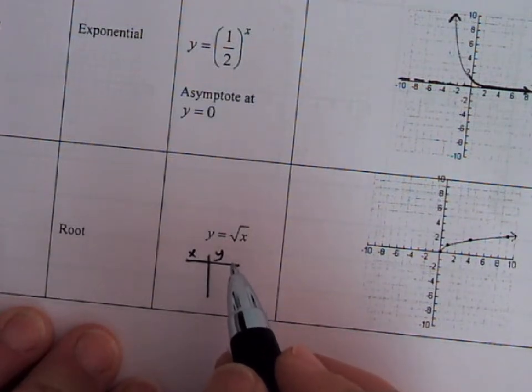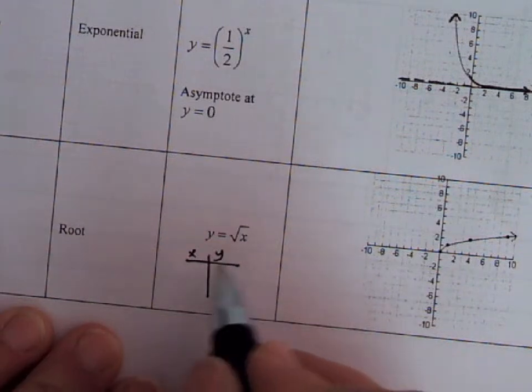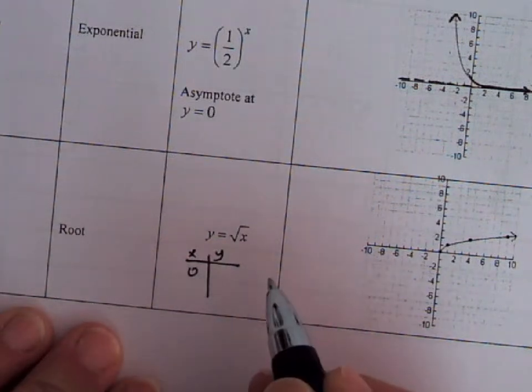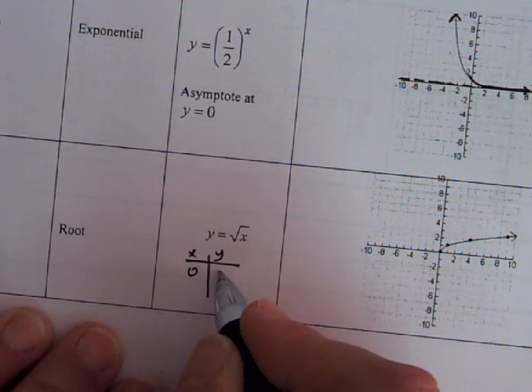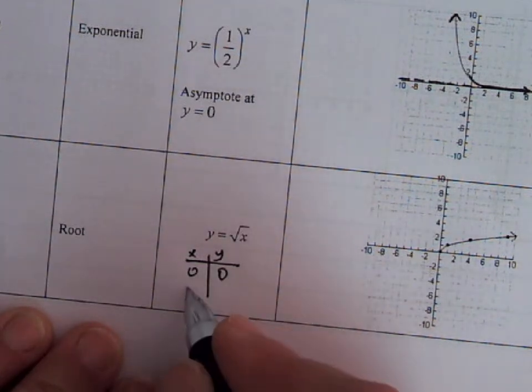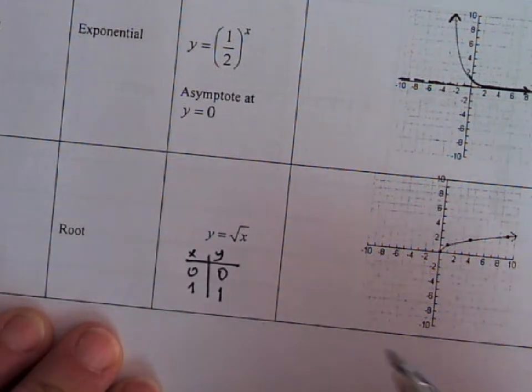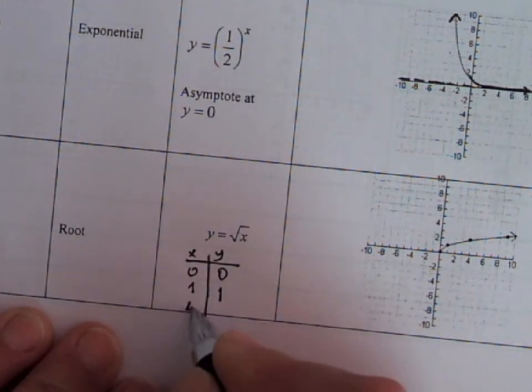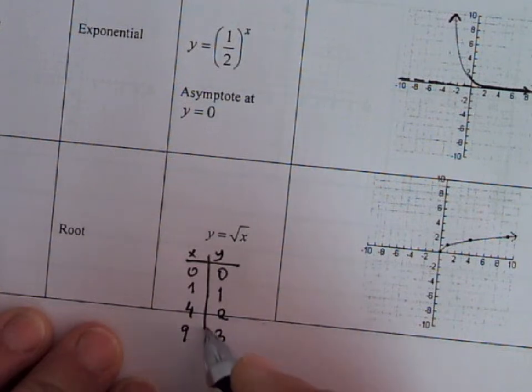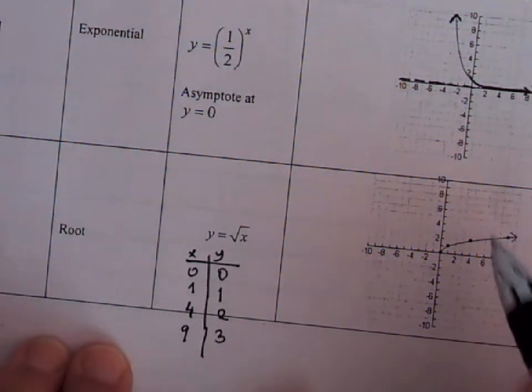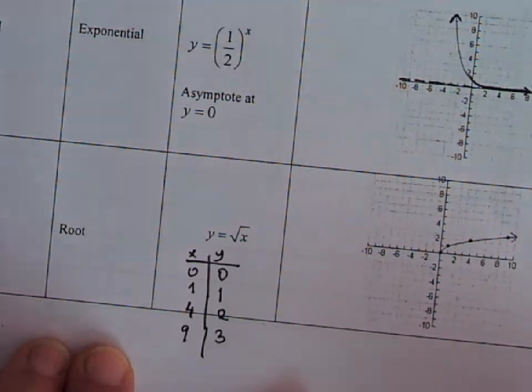The minimum value that you can have is 0. So if you take 0, then y, the square root of 0, is 0. If x is 1, the square root of 1 is 1, so y is 1. If x is 4, y is 2. If x is 9, y is 3, right? Those are the simple values. So if you put those, that's how they look.